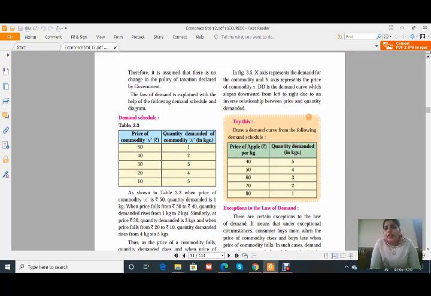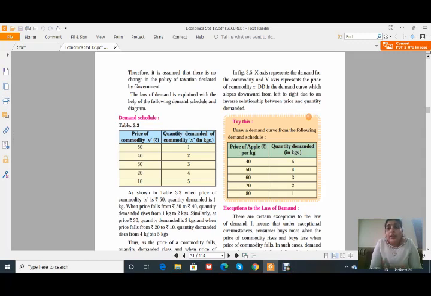Explanation of the diagram: the x-axis represents the demand for the commodity and the y-axis represents the price of commodity X. The next line is very much important. DD is the demand curve which slopes downward from left to right due to an inverse relationship between price and quantity demanded. This sentence is very much important while writing the law of demand. Your answer should end with this statement.